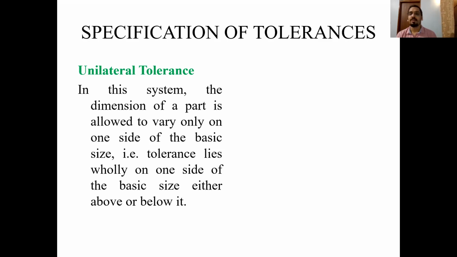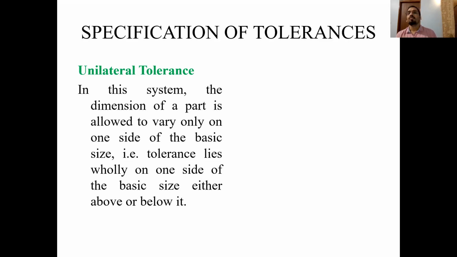Upper limit is 50.02 mm and the lower limit is 49.98 mm. So what is the tolerance? Tolerance is the difference between the upper limit of the shaft and the lower limit. So this will be 50.02 minus 49.98, that is 0.04 mm. So tolerance will be 0.04 mm.